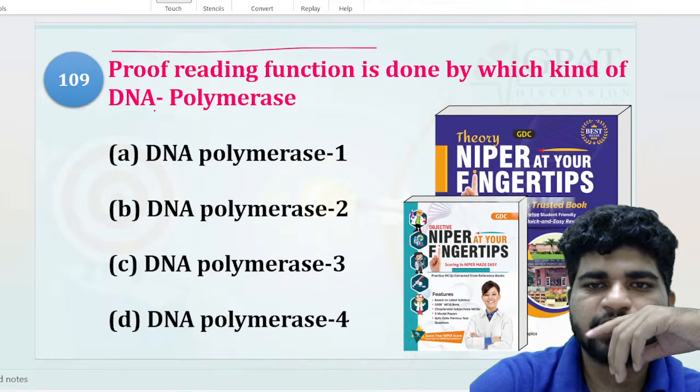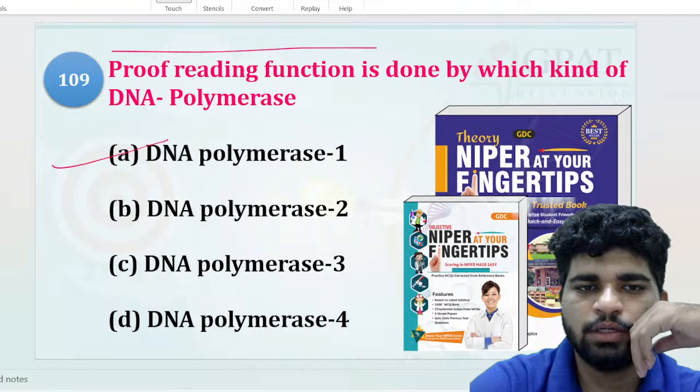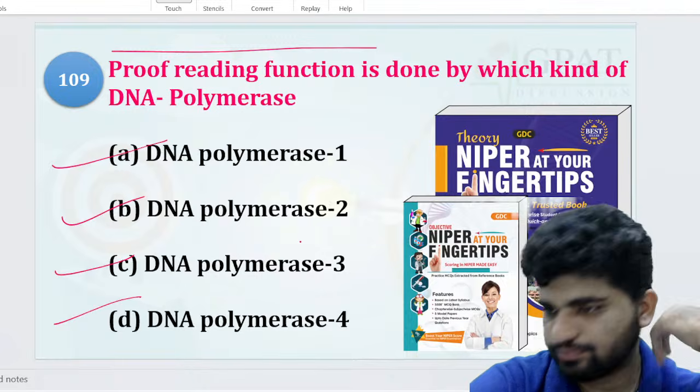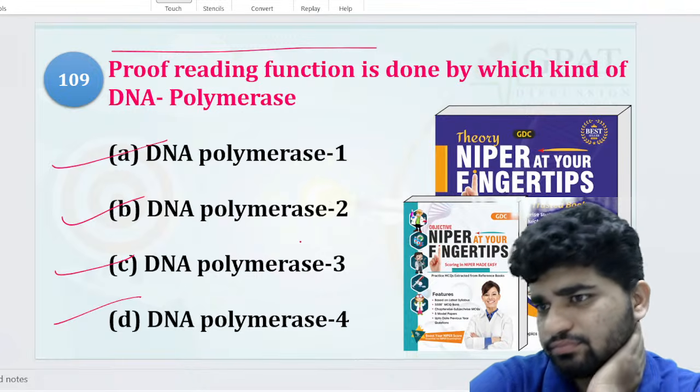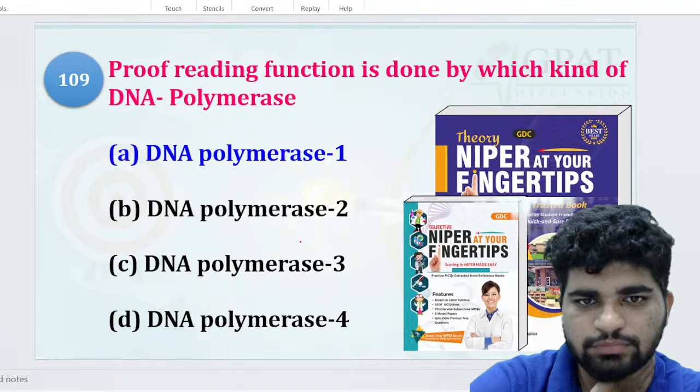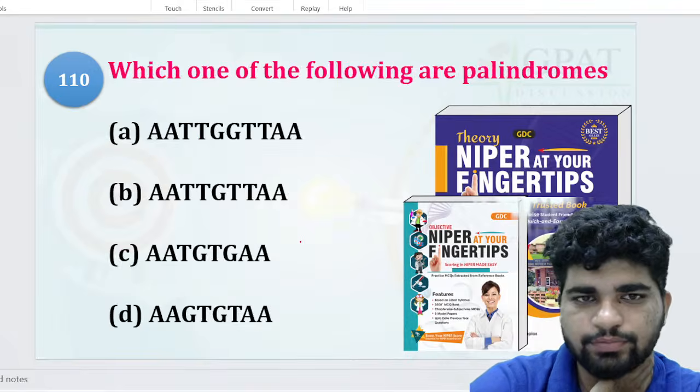Proofreading function is done by which kind of DNA polymerase? DNA polymerase 1, 2, 3, or 4. That is your DNA polymerase 1, right?